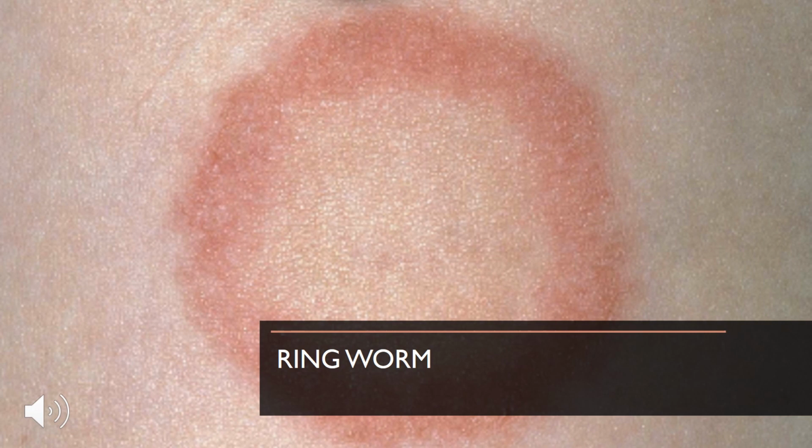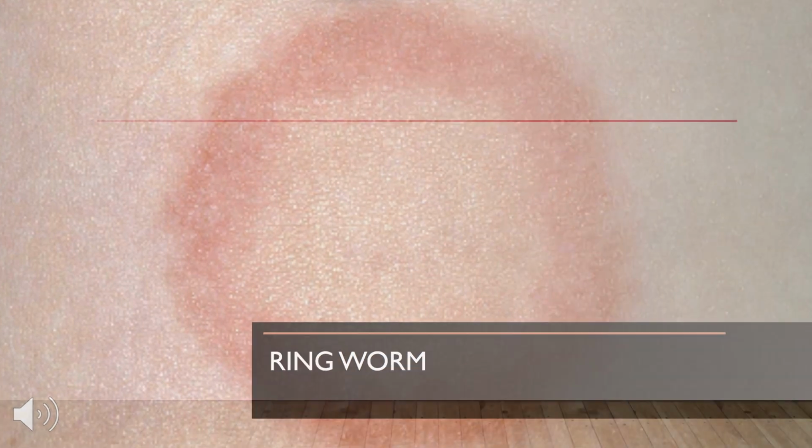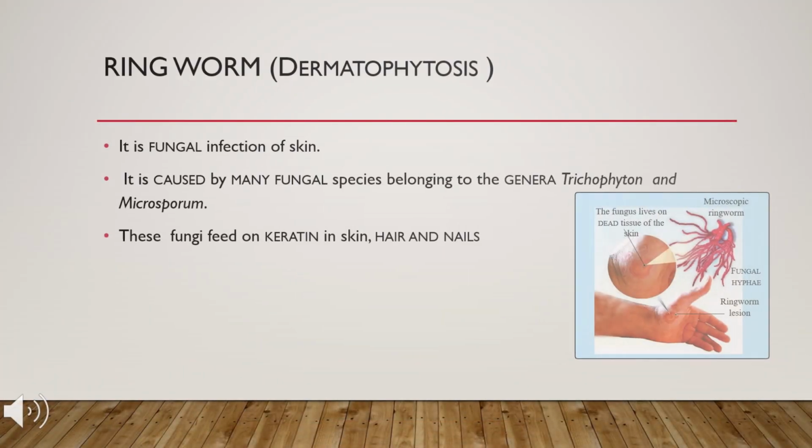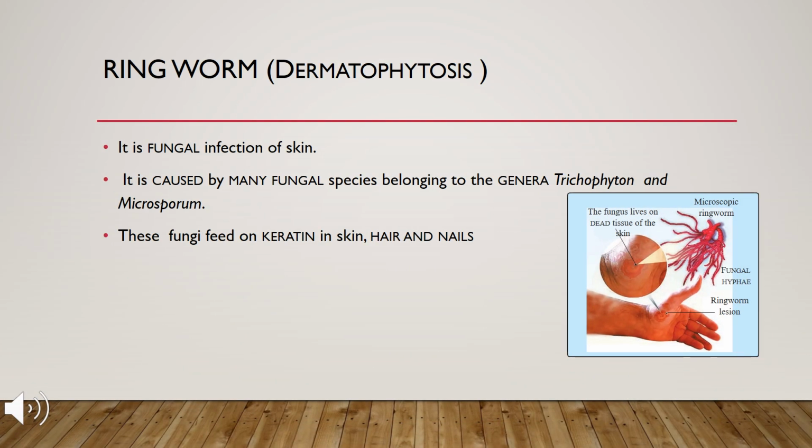The next disease which we will be studying is ringworm. Ringworm is also known as dermatophytosis. It is a fungal skin infection. It is caused by many fungal species which belong to the genera Trichophyton and Microsporum.